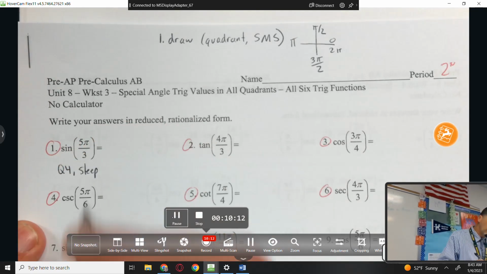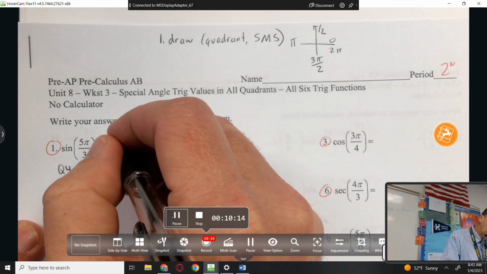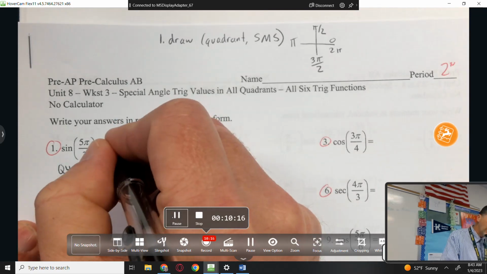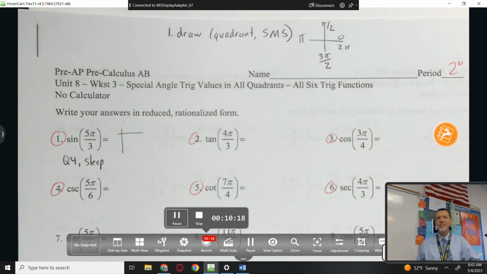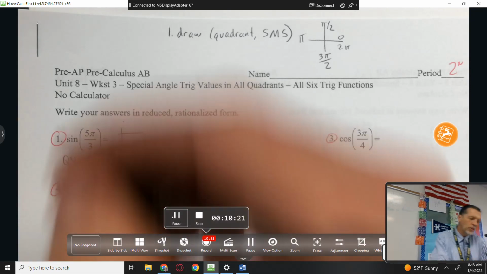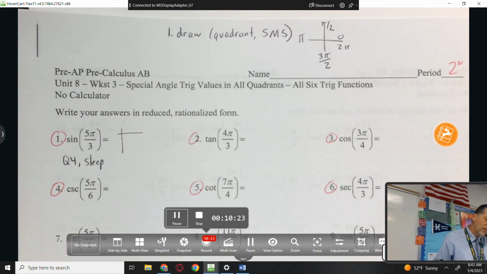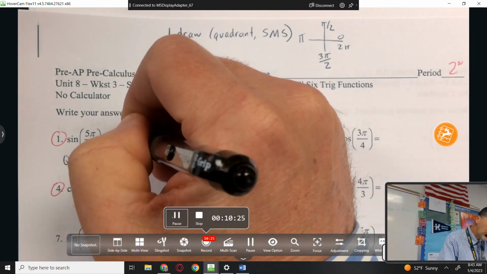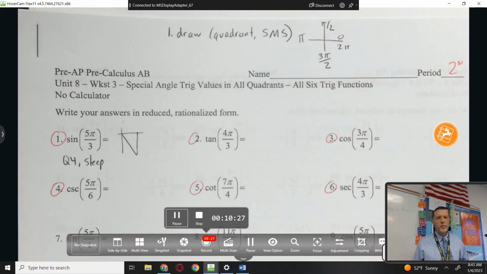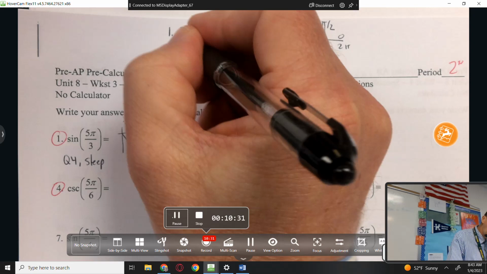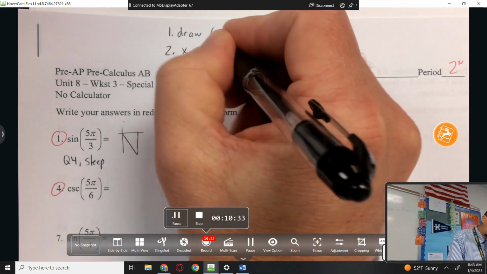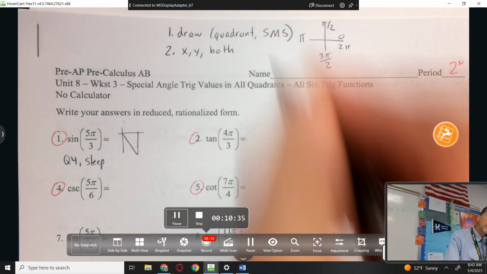So I'm going to draw an angle in the fourth quadrant. If you think about it first, you don't have to draw the whole thing. You can just sketch the fourth quadrant. Steep angle in the fourth quadrant. And then I want to think about, do I need the x coordinate, the y coordinate, or both?